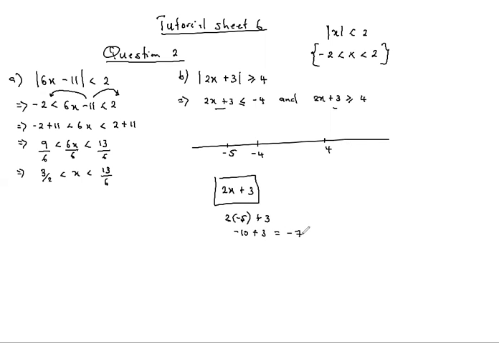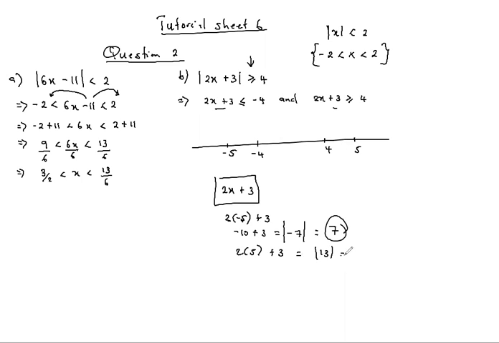Now -7 in the modulus will come out as 7, and 7 is greater than 4. If we pick 5, then we have 2 times 5 plus 3, which is 13.